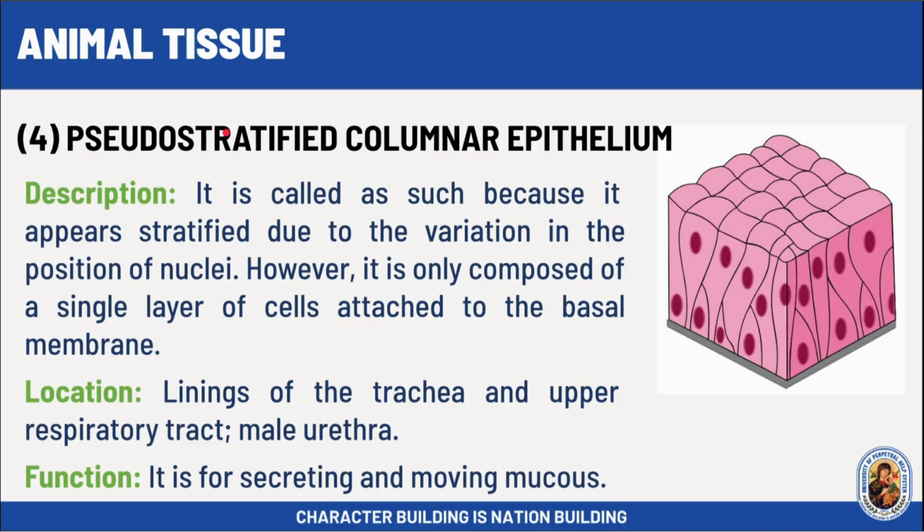However, it's actually just one layer that has an irregular shape to its components. It's present in the linings of the trachea and upper respiratory tract and is more on the secretion and moving of mucus.